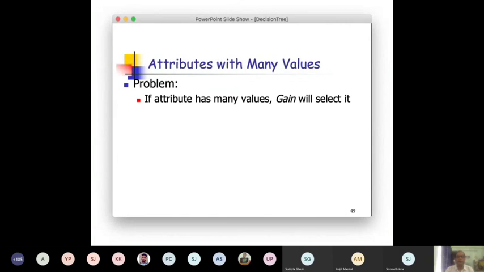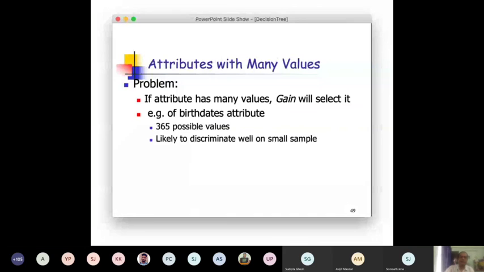Here the problem is that if you have an attribute with many values, usually those attributes are selected, because the entropy of that attribute is going to be higher. Any kind of ordering with respect to that attribute will give a better lowering of the entropy. That's why the gain will be higher.